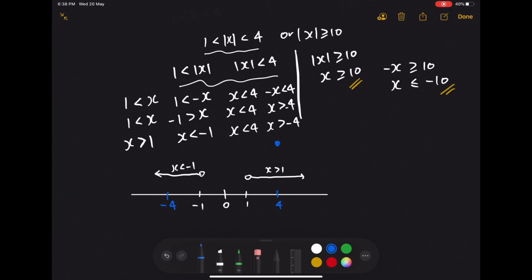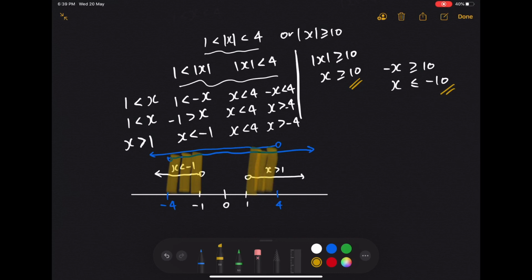This is 4, so it's going this way. And for our -4, it's going this way. If you look at where it overlaps, it will be overlapping at this section for all of them, and this one.